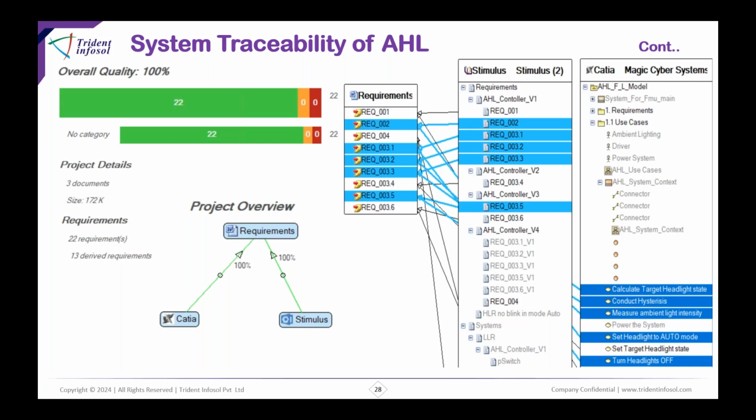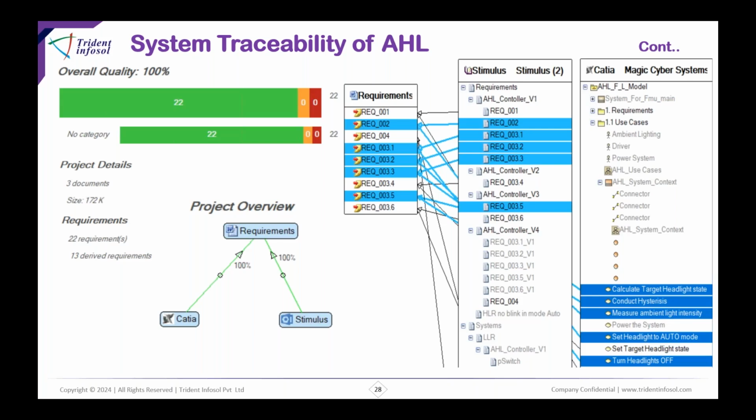showing the details such as coverage information from the model project and Stimulus project to the requirements, which are managed in the Word document. Similarly, you can add various lifecycle artifacts to the Rectify project for traceability. The Rectify tool will generate the traceability matrix, rule violations report, and various other customized reports.